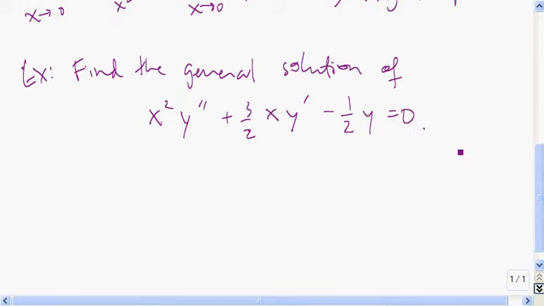Okay, so you can see that this is an Euler equation with alpha equal to 3/2 and beta equal to -1/2.